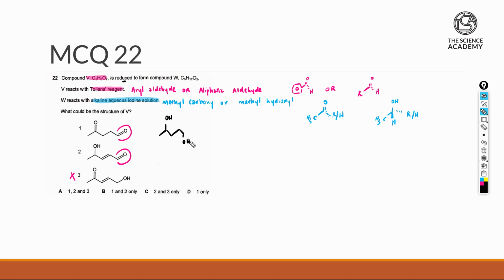For structure 2, we have a secondary alcohol, so there will be no more reduction. We also see an alkene, and the alkene will be reduced into an alkane. Again, we're just assuming this is a full reduction. For the last one, we have our aldehyde, which becomes a primary alcohol.